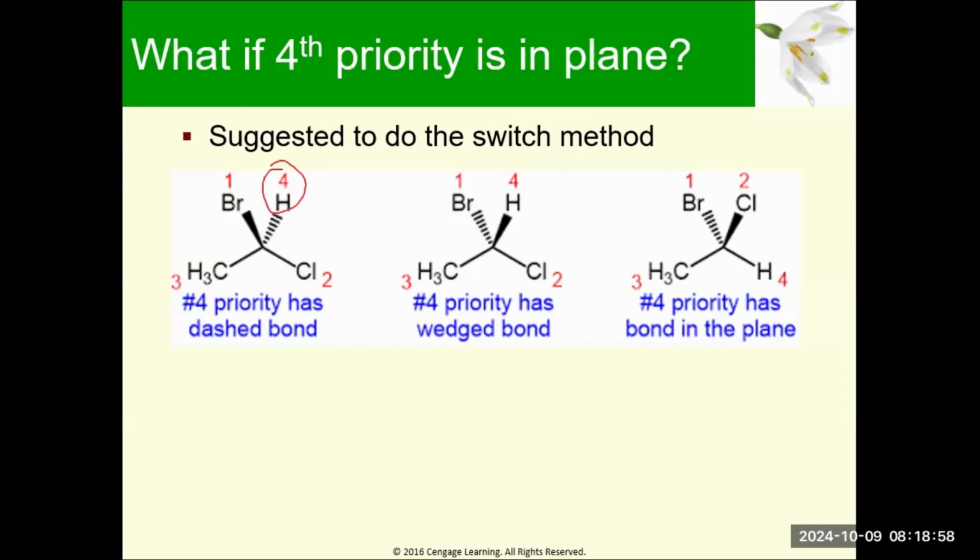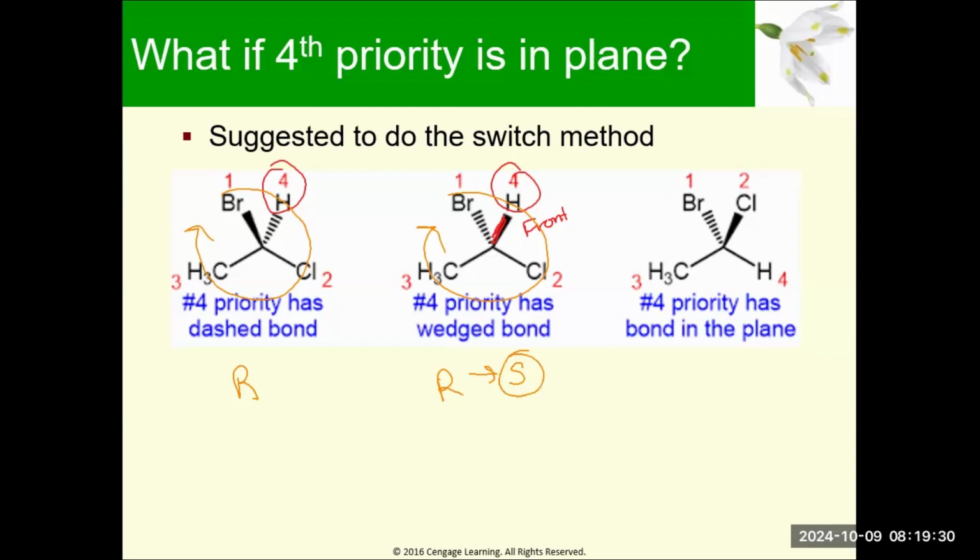So once we number them, we simply can go that 1, 2, 3 is going to the right, so this is R. In the second scenario, after we've numbered them, we see that 4 is wedged, so it's in the front. So after I go and number them 1, 2, 3, it's going right. However, I have to change it. So the answer is S.